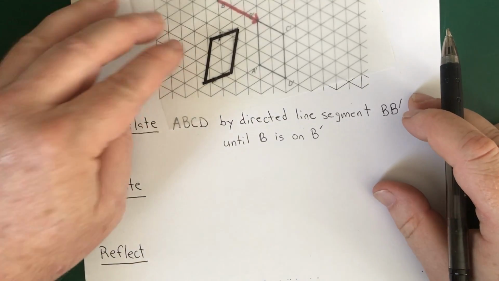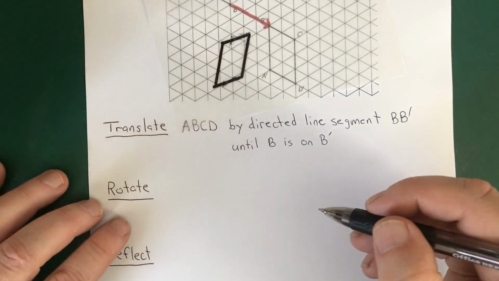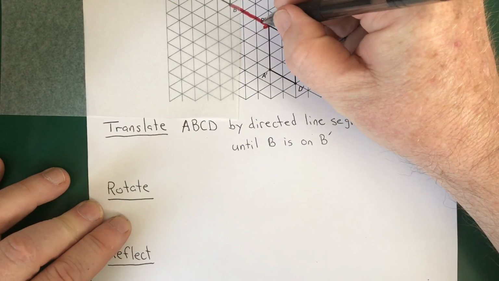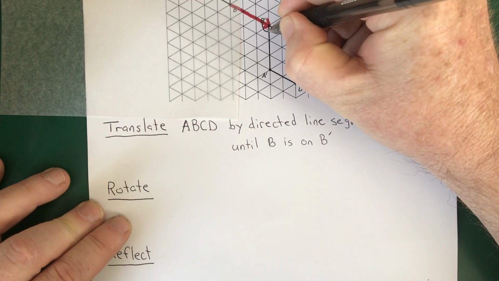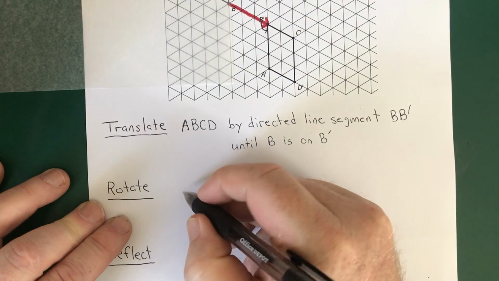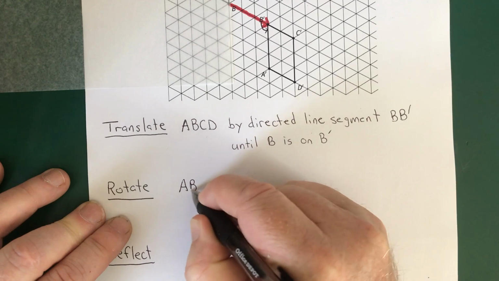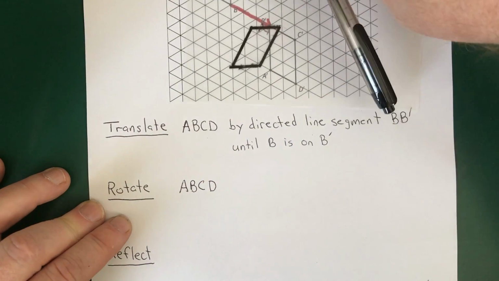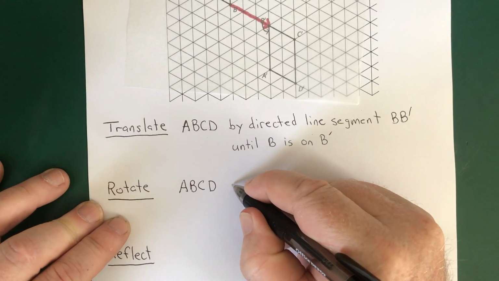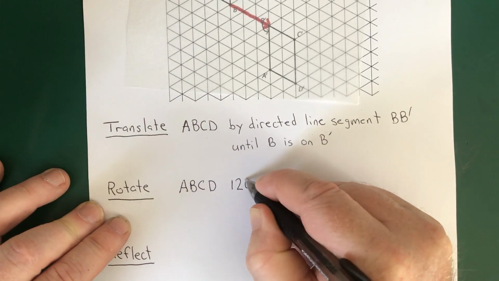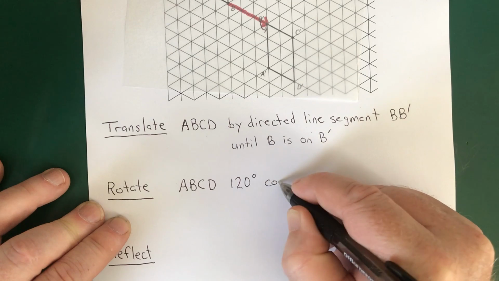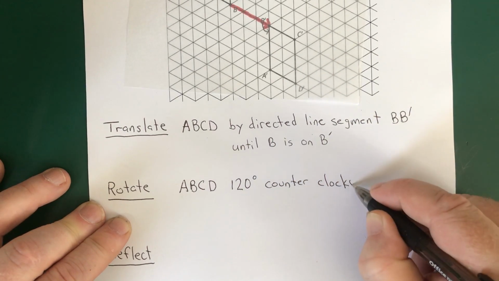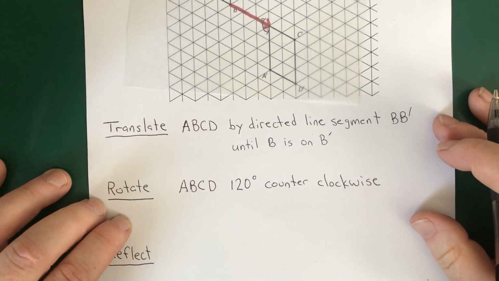There's a couple ways I can describe that. I can use an angle, and I'm rotating this far, which is 120 degrees. So I can say rotate A, B, C, D, and this direction is counterclockwise. So I could say 120 degrees counterclockwise. That's one way I could say it.